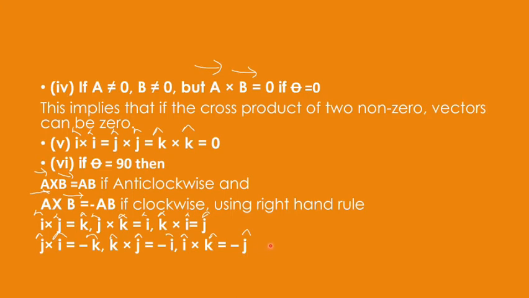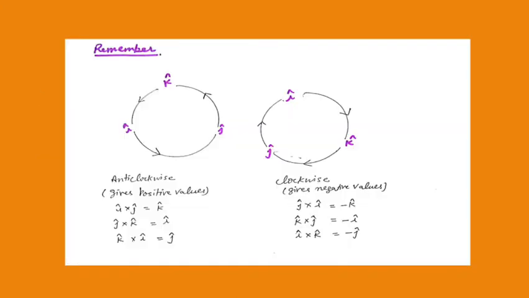Now sometimes you get confused about these unit vectors. So you can draw a circle and keep this in your mind for a longer time. If I keep i, j, k on the circle and move in the anti-clockwise direction, from i to j, then to k and k to i, then I will write the positive sign.